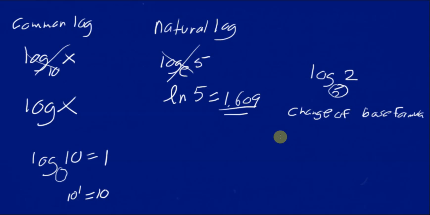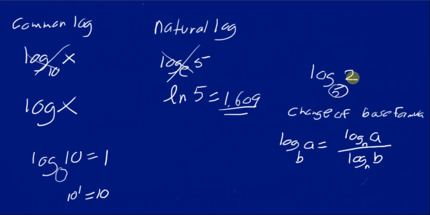The change of base formula allows me to take any log that is given in any base, we'll just call it b, of any number a, and we can change its base. And that happens to be equal to the log, and you choose the base, any number n, of a divided by the log of that same base that you picked, n, of b.